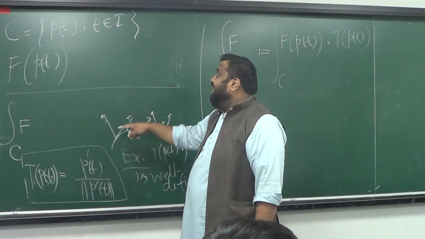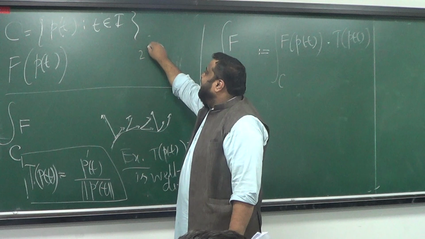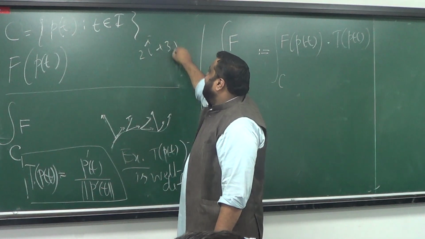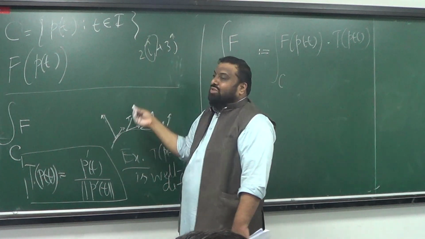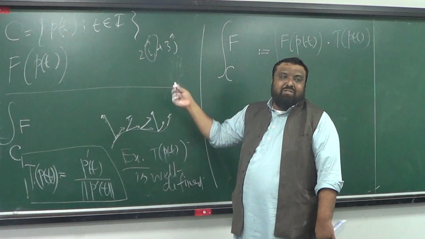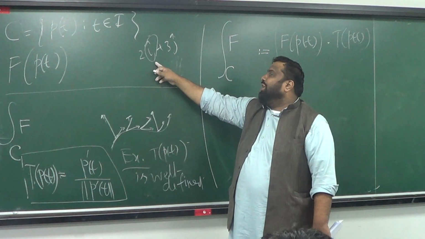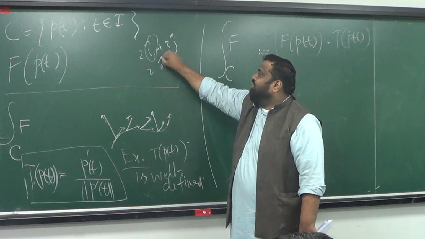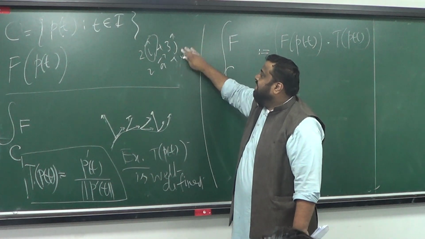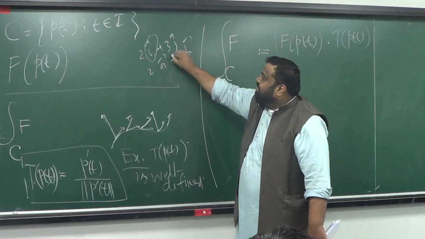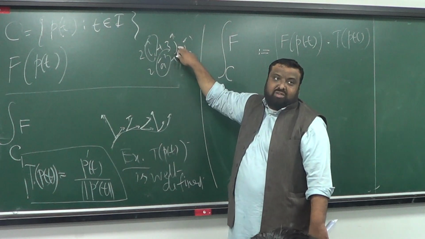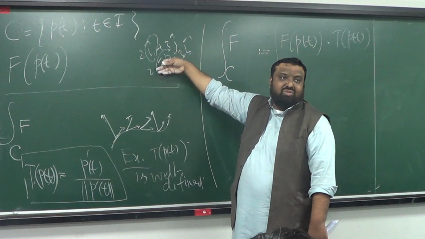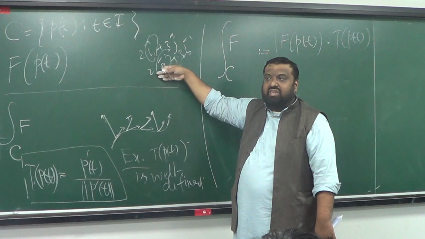So what we are saying is, why am I representing a vector with 2i plus 3j, why am I not putting any other vector, unit vector? Even if instead of i you put any other vector, say 2a plus 3b, I know that each of these vectors can be written in terms of i and j, and eventually you can break down everything in terms of the i and j unit vectors.